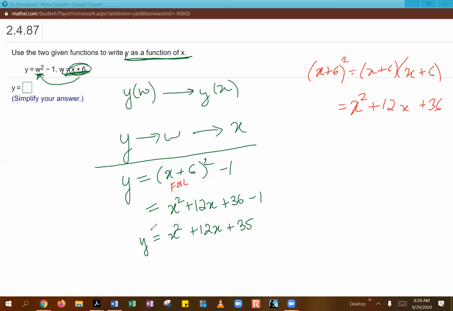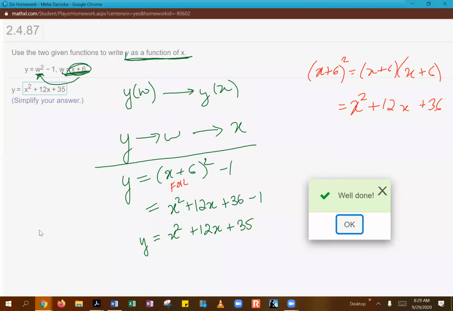Maka, you have x squared plus 12x plus 35. All right, so let's go ahead and put this answer in. So we have x squared plus 12x plus 35. All righty, there we go.